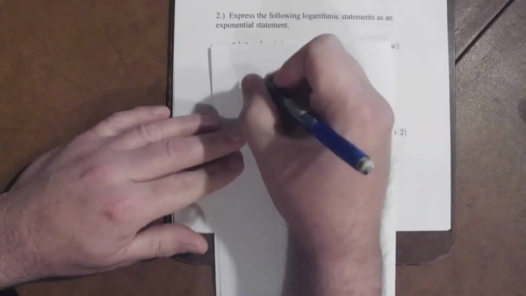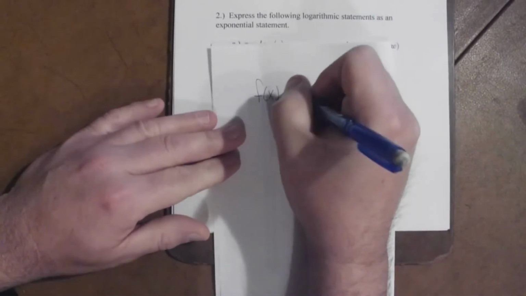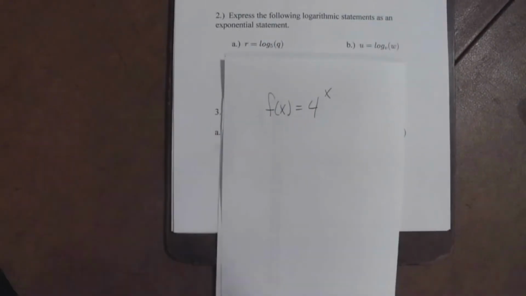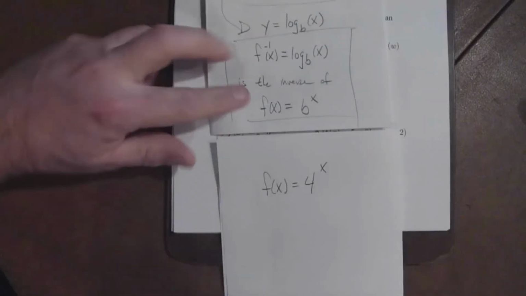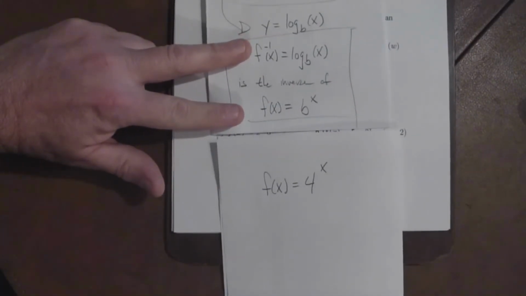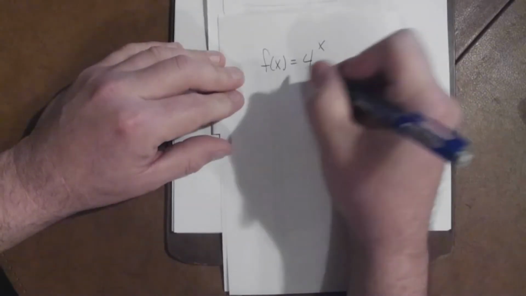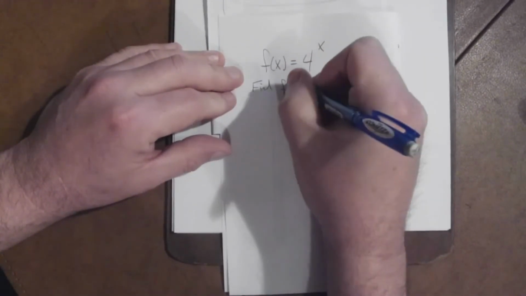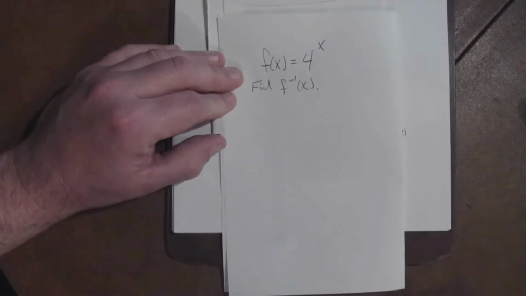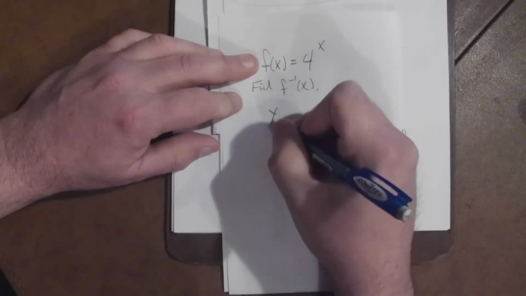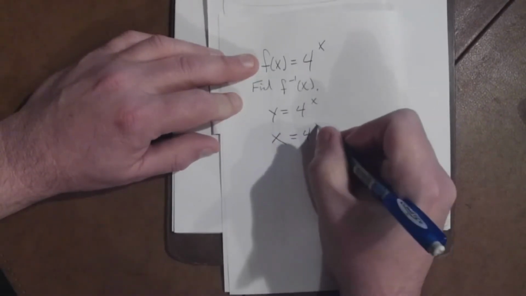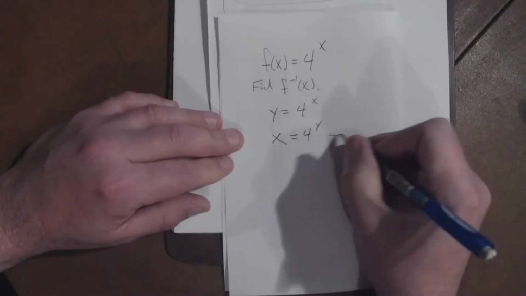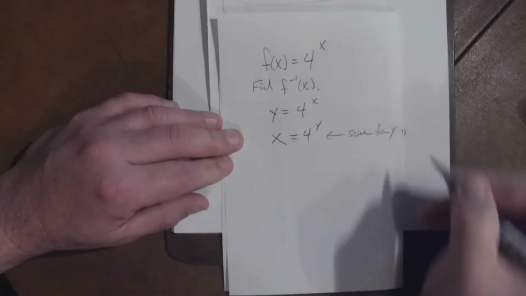So if we considered something like f of x equals 4 raised to the x power, from this understanding, if we actually put ourselves into the process of solving this for an inverse, and we said find f inverse of x, we would find f inverse of x by letting f of x equal y, interchange the location of x and y in that equation, and then solve for y.